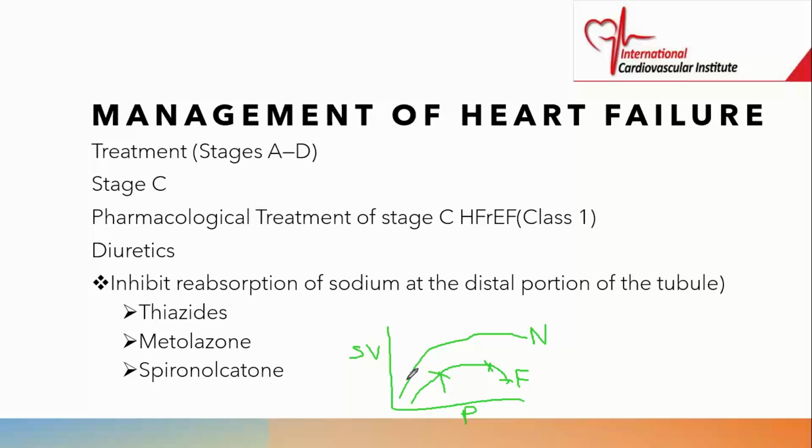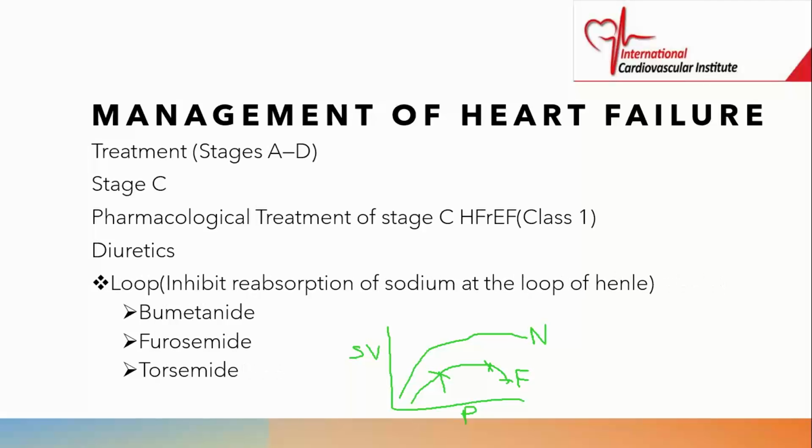So the different types of diuretics that we have, of course, they work at different points in the kidney tubules. So we have the loop diuretics, and we also have the thiazide diuretics. We call them the loop diuretics because they inhibit sodium reabsorption at the loop of Henle.